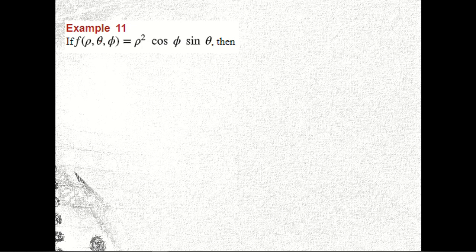Okay, I forget the name of the symbol. Okay, I remember now. This is rho. So f, a function of these three variables rho, theta, and phi, equal to rho squared cosine phi sine theta. I think this is the spelling. So we have here phi and theta.